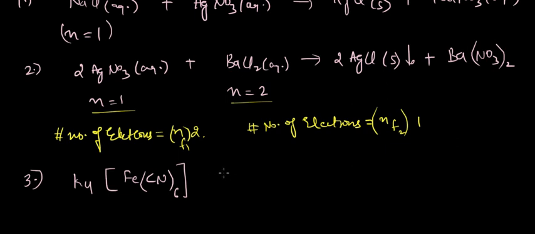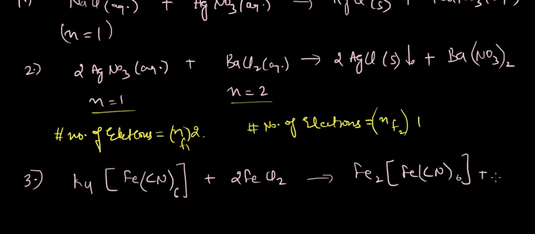Plus 2 moles of FeCl2 undergoes Fe2, then we have another complex compound plus 4 moles of KCl. Rather, let's have 2K here or K2 here.